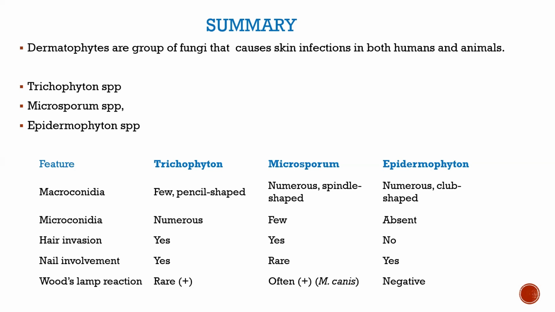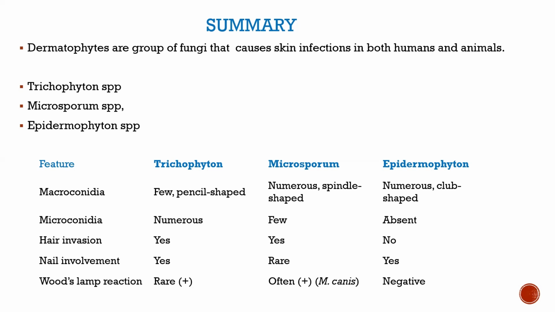Based on the macroconidia, Trichophyton have a pencil shape, Microsporum has a spindle shape, while Epidermophyton has a club shape. Then microconidia in Trichophyton are numerous. In Microsporum they are few or scanty, while in Epidermophyton they are absent. They're not there at all.